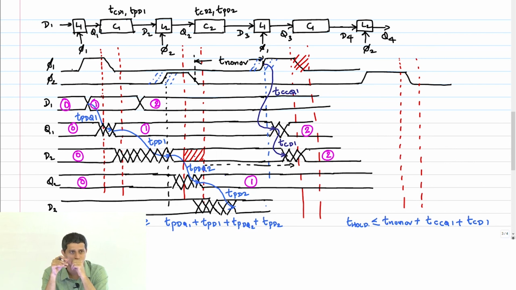Yeah, if you don't want to borrow time, there's no issue. It's basically insensitive to clock skew, given that skew itself is a very small number. If the deviation from the actual edge is very small, then it is true that max delay is not affected by skew. So therefore, this is what we call skew tolerant. Max delay is skew tolerant.